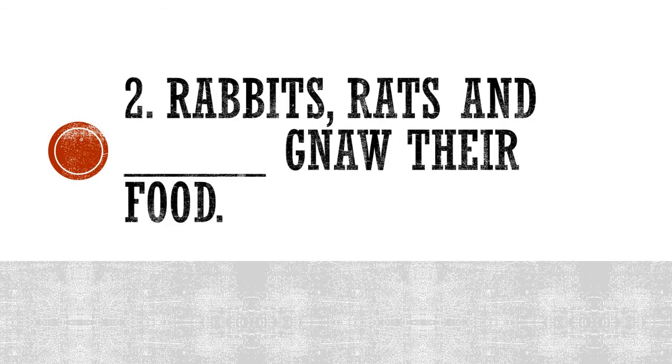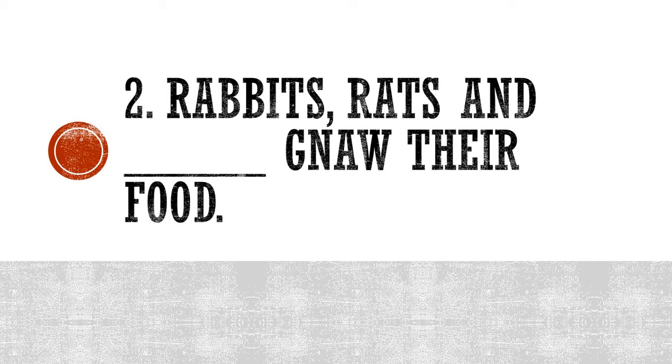Number 2, rabbits, rats and dash gnaw their food. I repeat the question. Rabbits, rats and dash gnaw their food. Here, how they eat their food? Gnaw, it is already given. Other than rabbits and rats, which animal was mentioned?